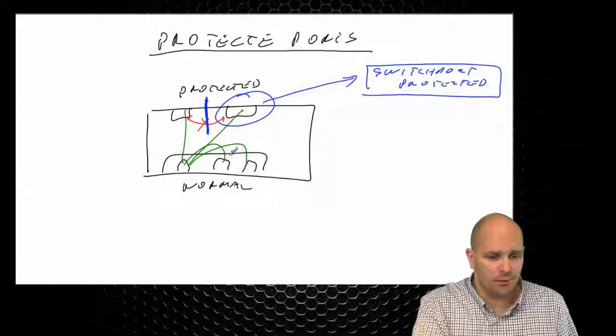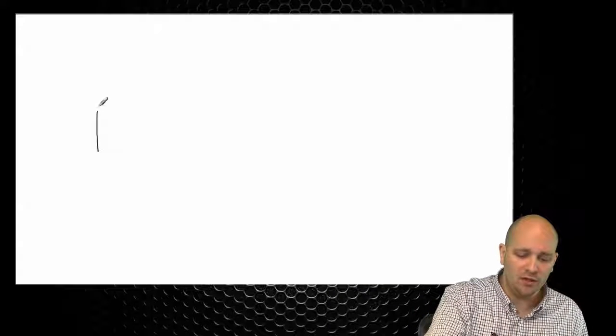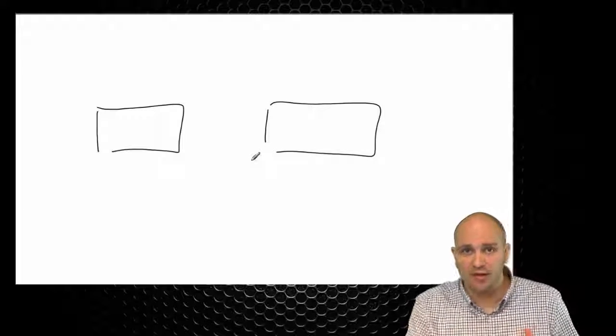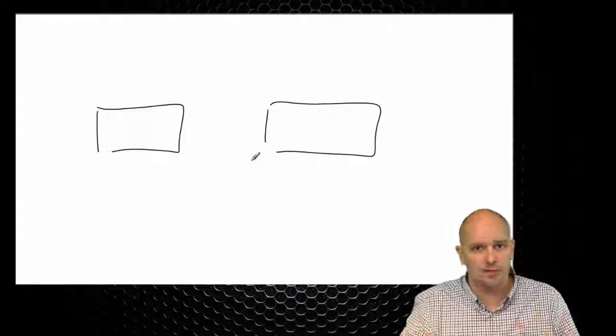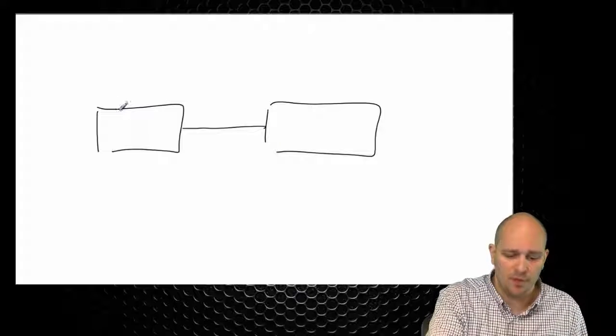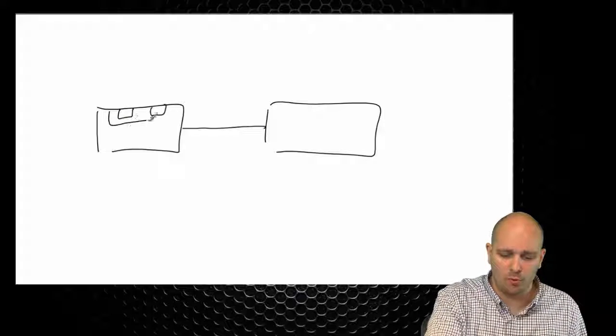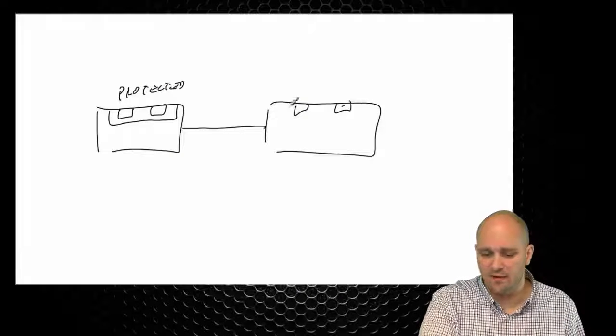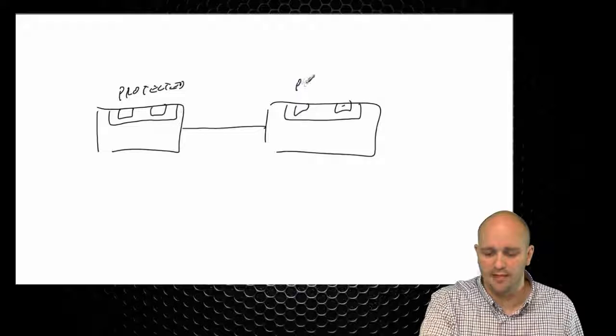But there is a problem with this approach, again, of a scaling nature. What if we had more than one switch? What if we had 2, 3, 4, 15, 20, 2,000 switches, but it's enough to have just 2? So let's say that these 2 ports here were protected ports, and let's say that we had a very similar setup on this switch here.